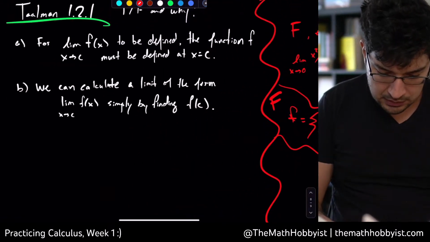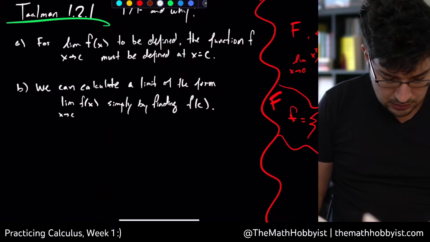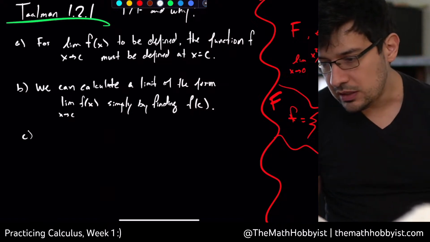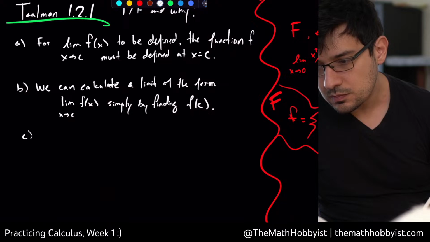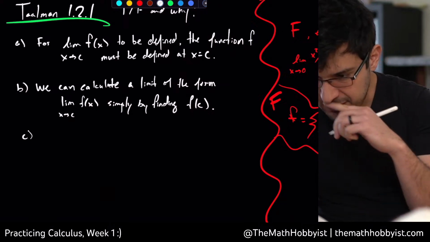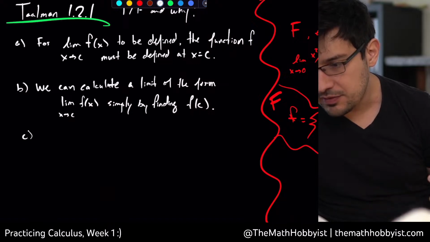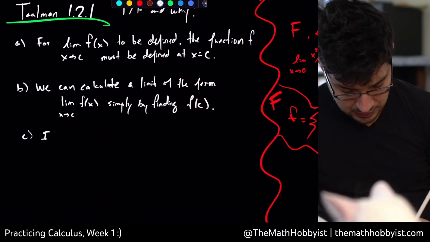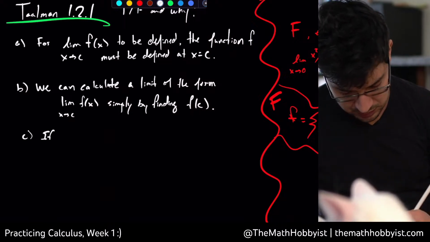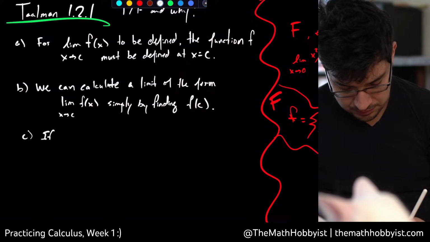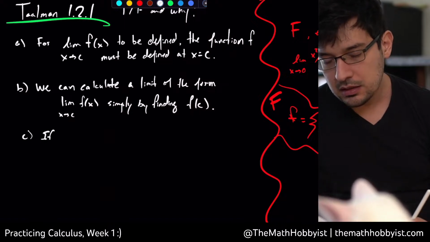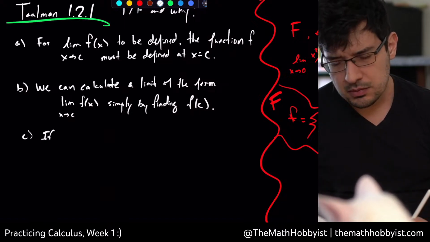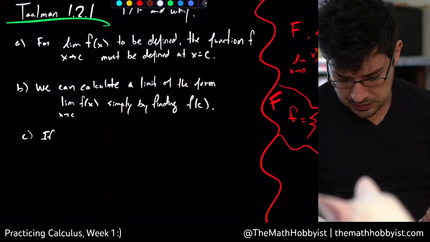Part C. If the limit of f of x equals 10, then f of c is 10. Again, this is the same. I just wonder if she wants us to be writing it in more clear, rigorous counterexamples.